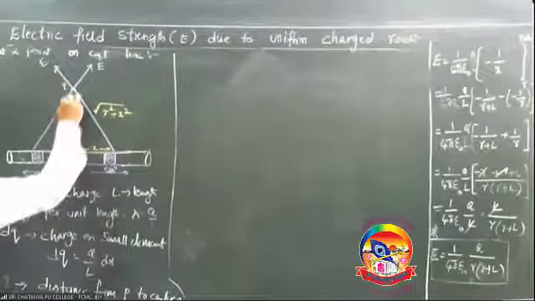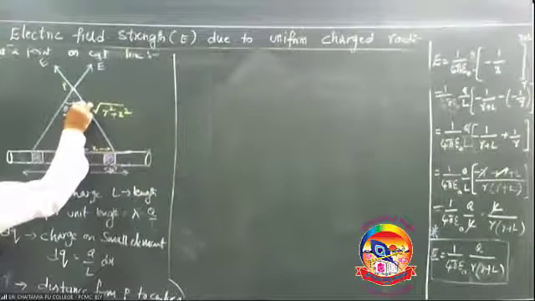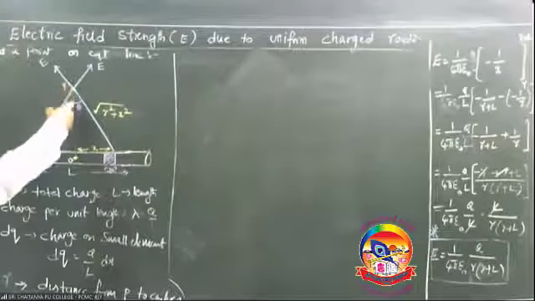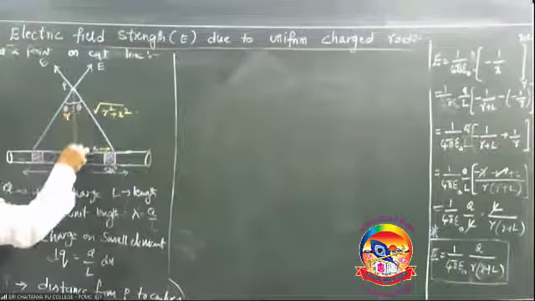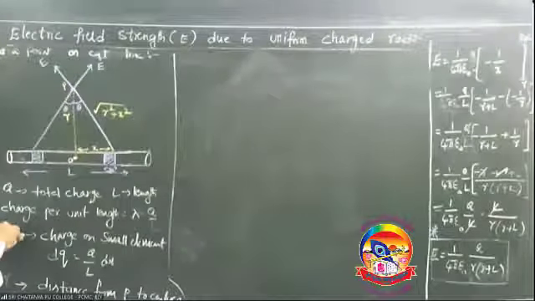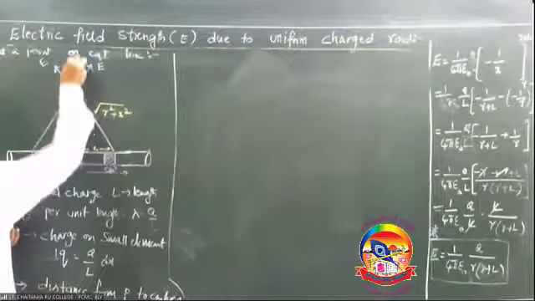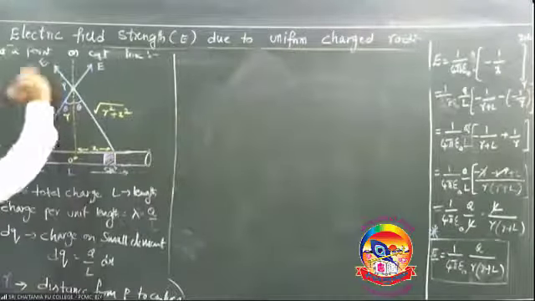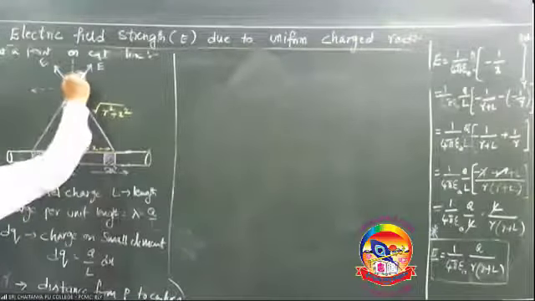If this angle is theta, this angle is also theta, the angle made by this line with the perpendicular bisector. We want the component along this line. Resolve E into two components.